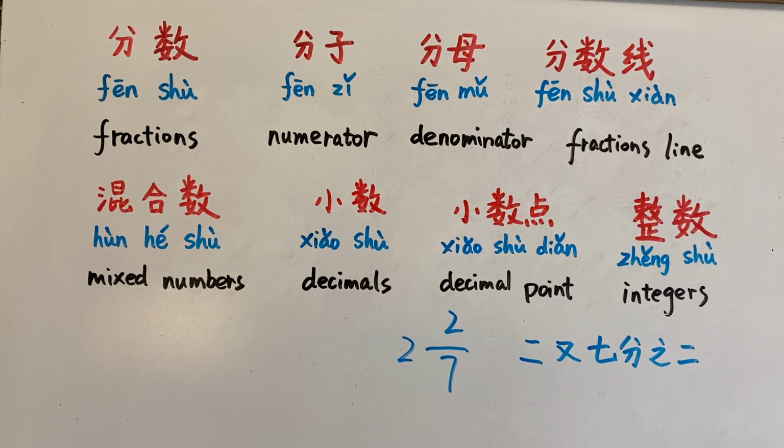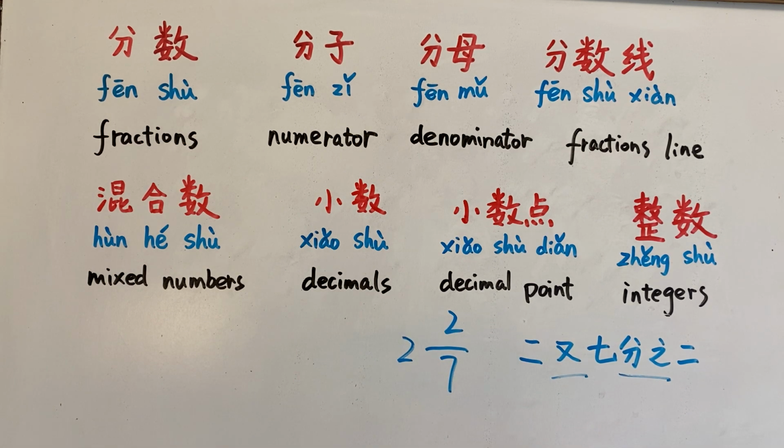So this 又 and the 分之 are always the same in every mixed number. This 又 means plus. 2又, 2 plus 2 sevenths.